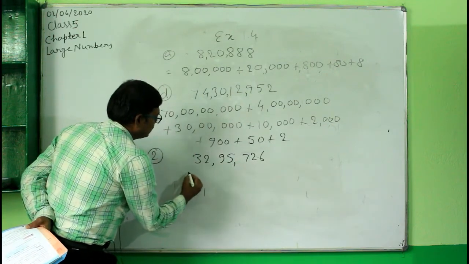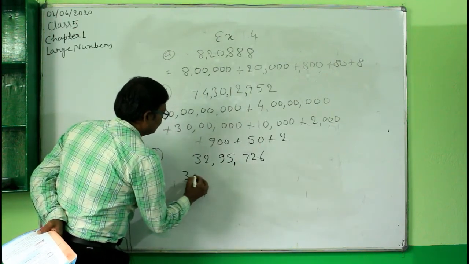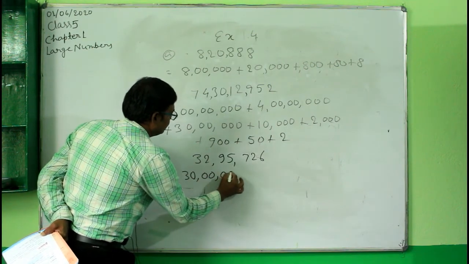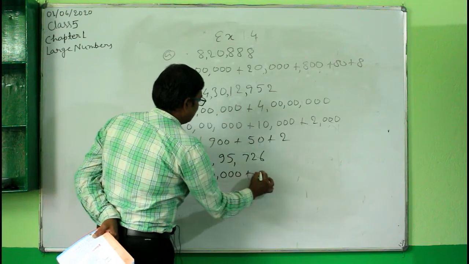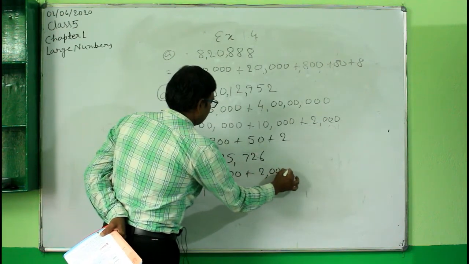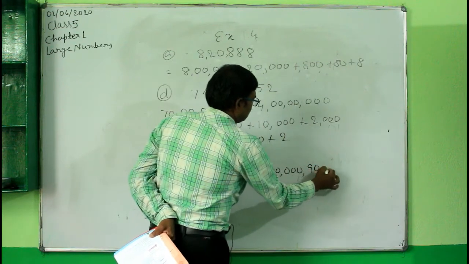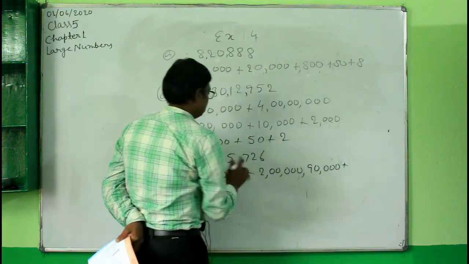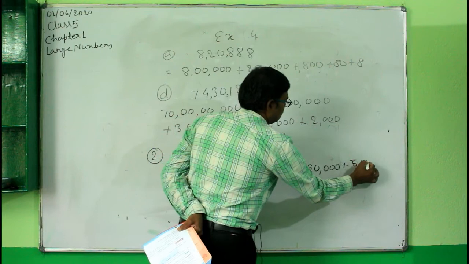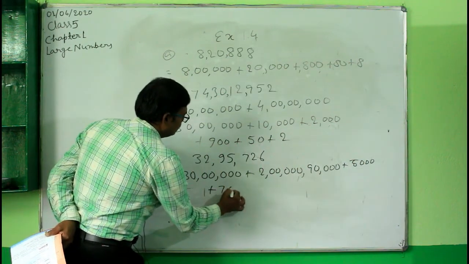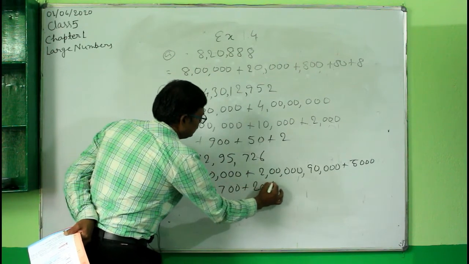So it will simply be like this: 30 lakh plus 2 lakh plus 90,000 plus 5,000 plus 700 plus 20 plus 6.